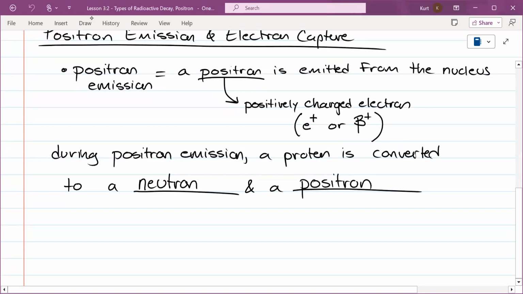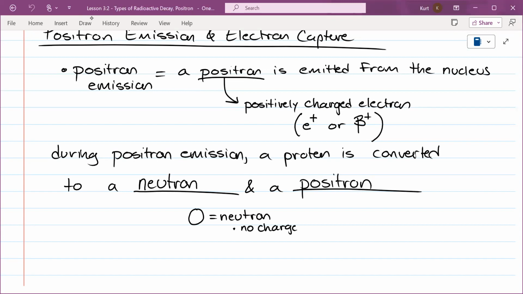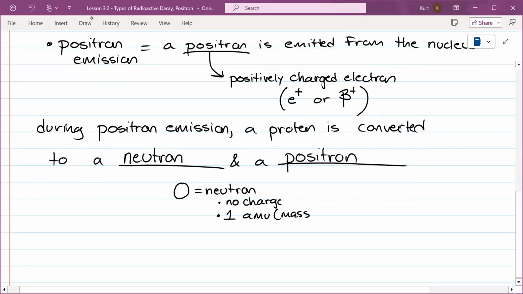So I want you to understand something. This is a neutron. No charge. 1 amu. That's mass. This is a positron.